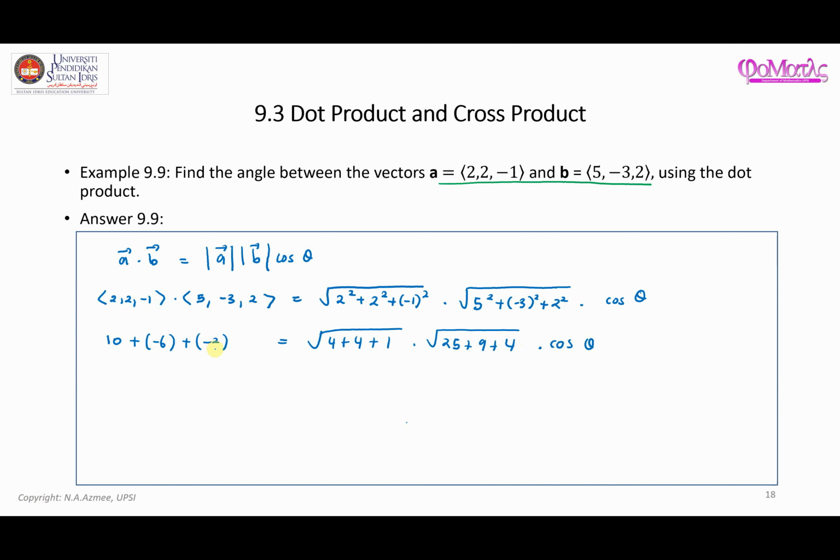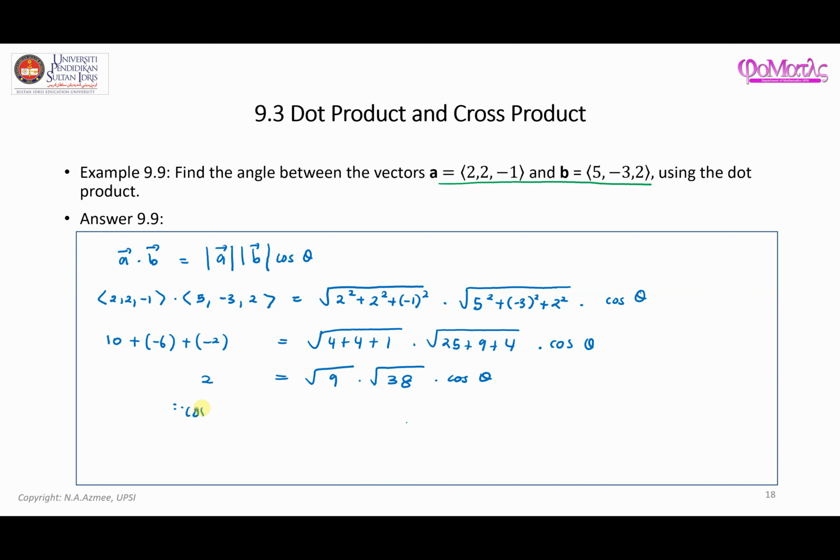So here we have 2 equal to the square root of 9 times the square root of 38, cos theta.